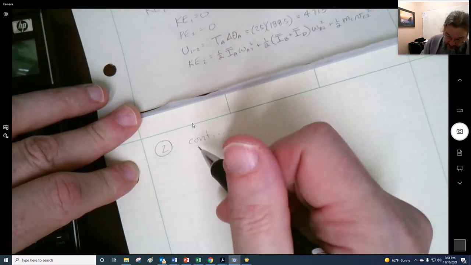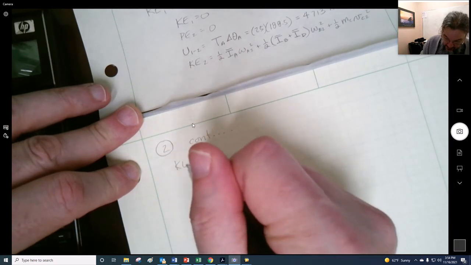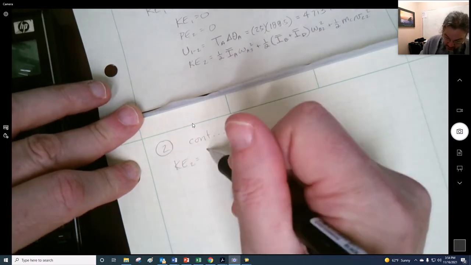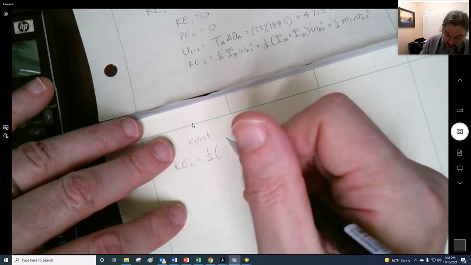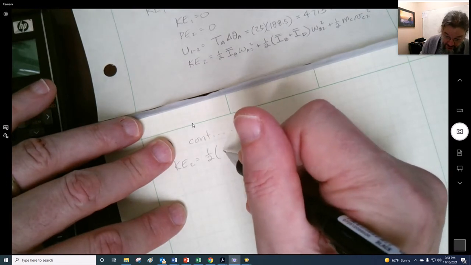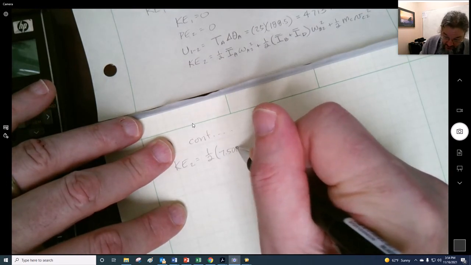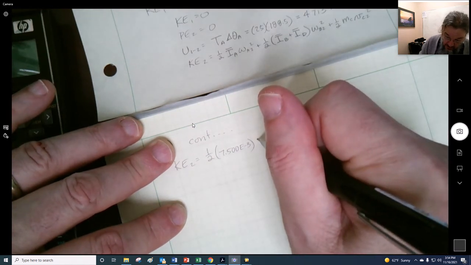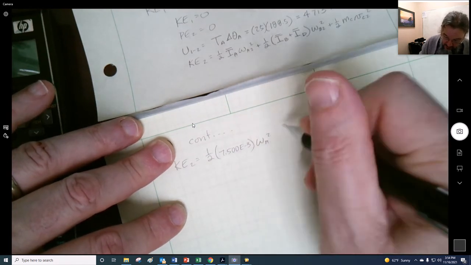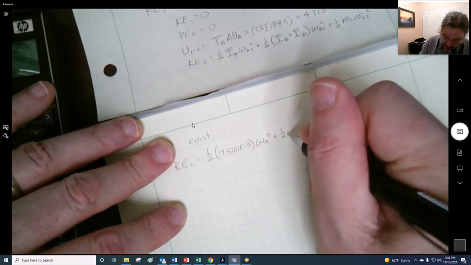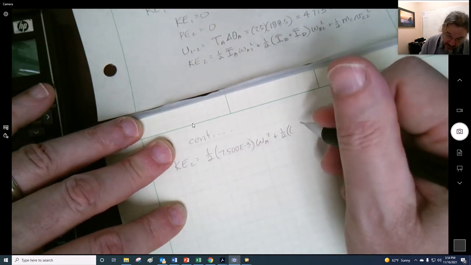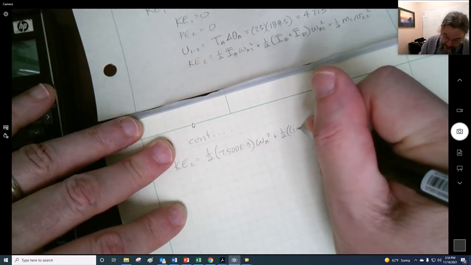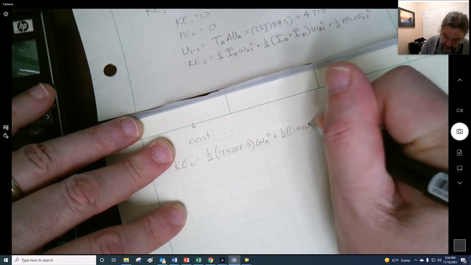And so KE2, we get 1/2, let's put all this in here, 7.5 E minus 3 times, and we want omega A squared. Got that. 1/2, and we had to add these two together, which I could have done before.